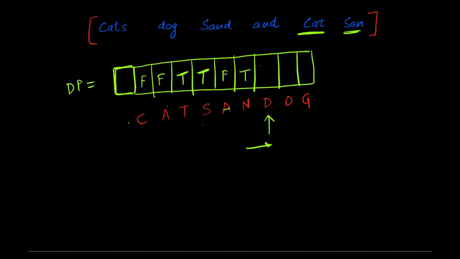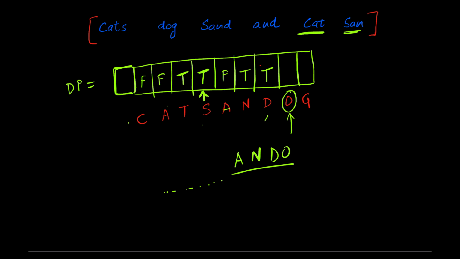The combination of N and D also doesn't exist, but A and D does. Similar to the previous approach, we'll look up the character right before A to see if its corresponding value in DP is true. As the value for S as the last character is true in the DP array, I can place true for D as well.